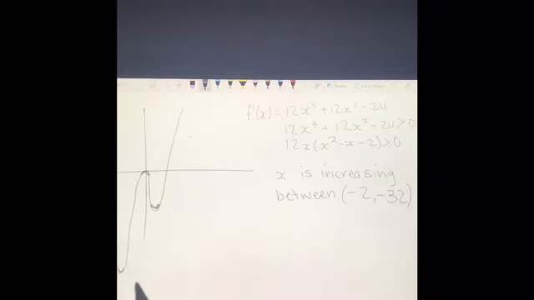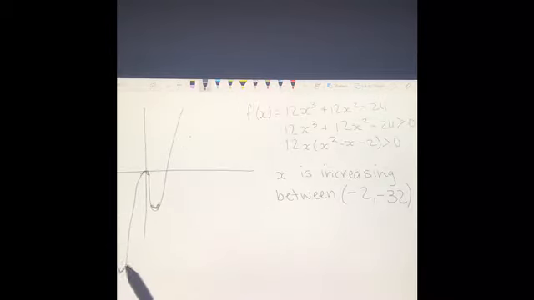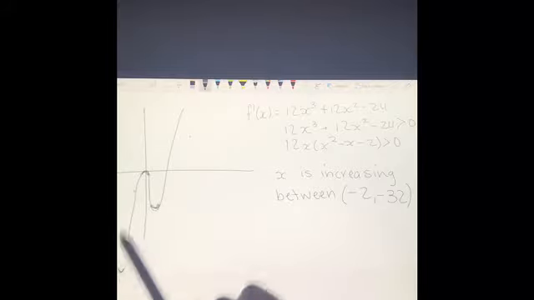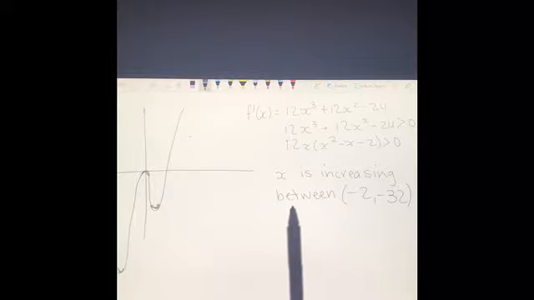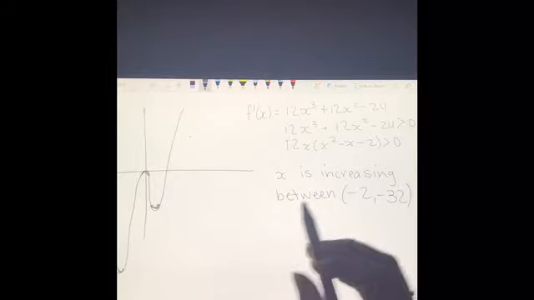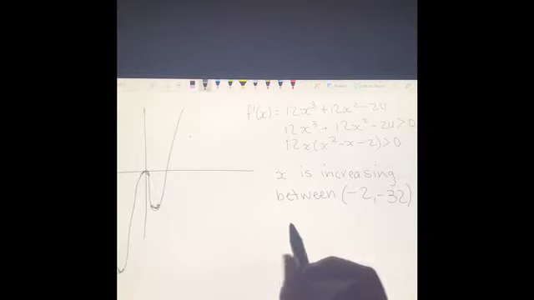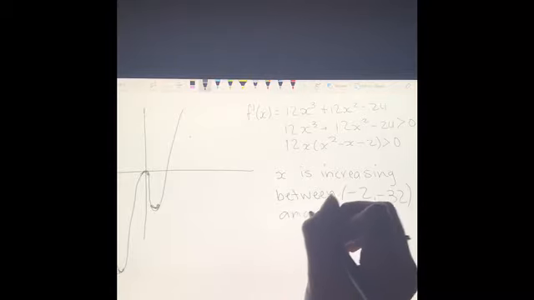So if we look over at the graph, the point where it's increasing between the 2 is here, and between the 3 is here. And so we can say x is increasing between negative 2 and negative 32 and 0, 0.